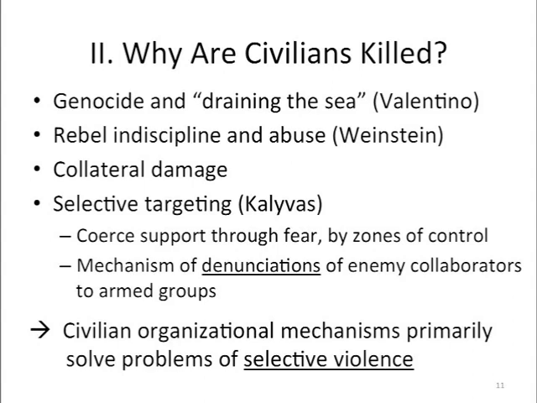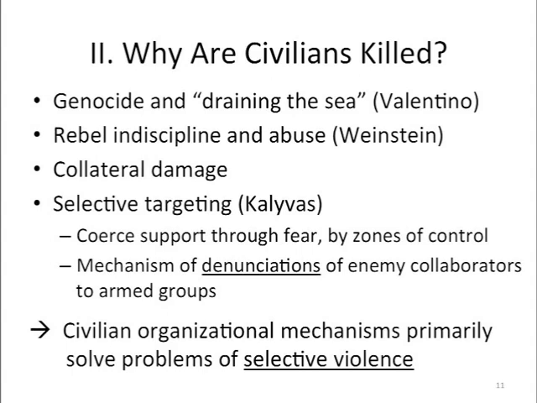A second theory of why civilians are killed comes from Weinstein, and this has to do with rebel indiscipline and abuse. Rebel groups that are opportunistic and economically motivated frequently have deterioration in their discipline structures and end up committing abuses against civilians. So it's not necessarily strategic violence that's occurring.